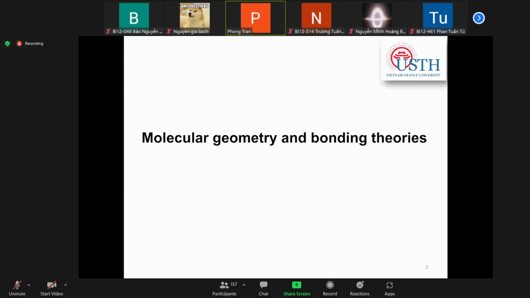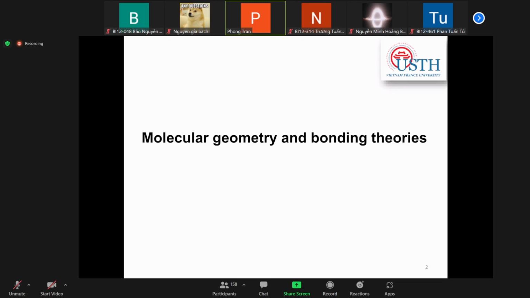So in this lecture we will mainly discuss the covalent bond, meaning we will discuss different theories that can be used to explain the covalent bond in a chemical compound, and we will emphasize the limitation of each theory when we discuss the bonding.